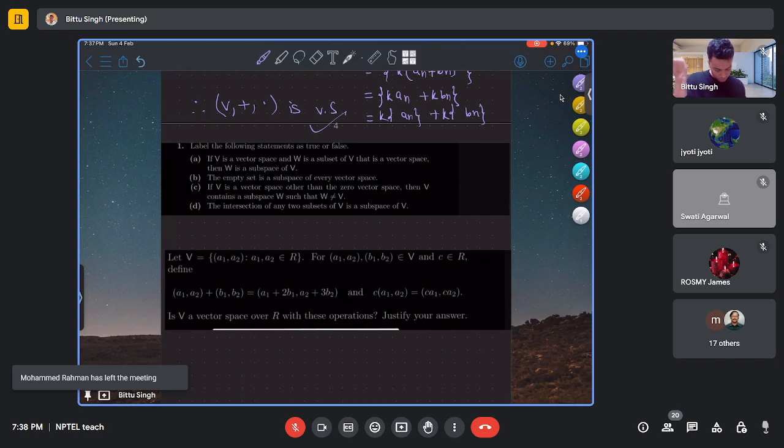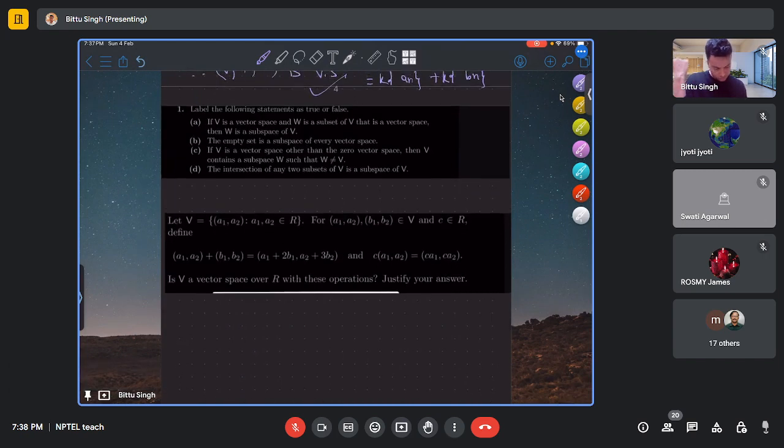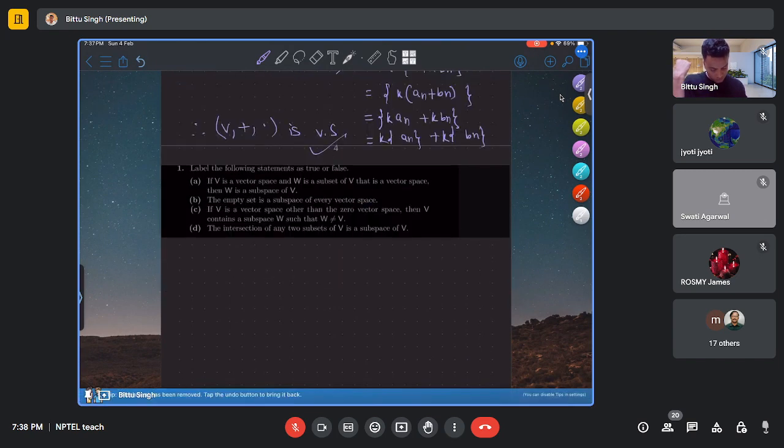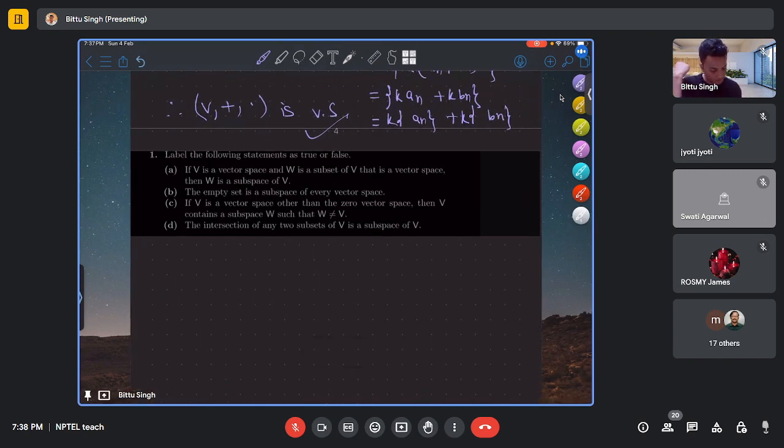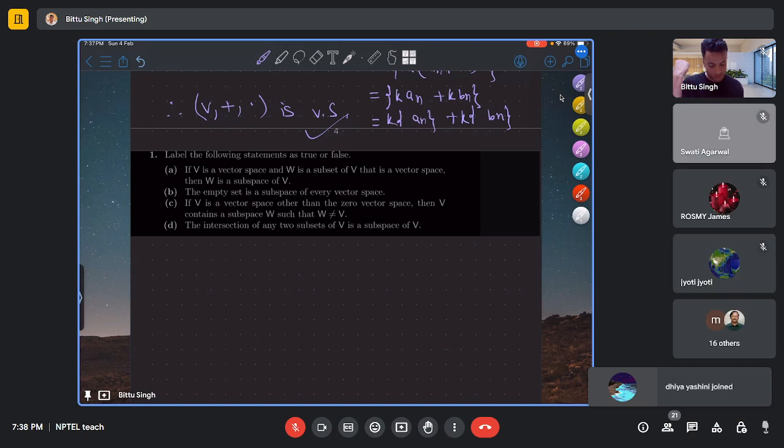So now let us remove this. Here V is a vector space, W is a subset of V that is also a vector space. Then W is a subspace of V. What is the definition of subspace?